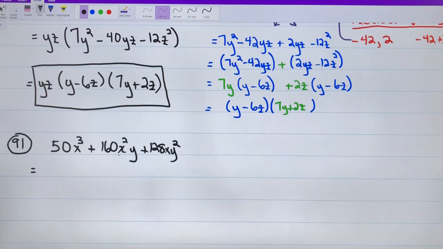If you notice, out of all the terms we have even coefficients as well as the letter x, and the greatest common factor is going to be 2x. Factoring out 2x, now we have 25x squared plus 80xy plus 64y squared.